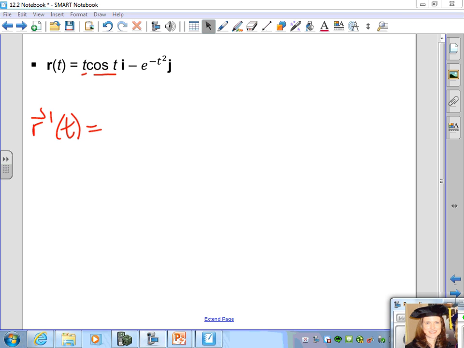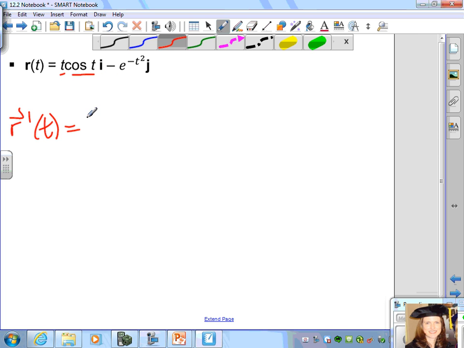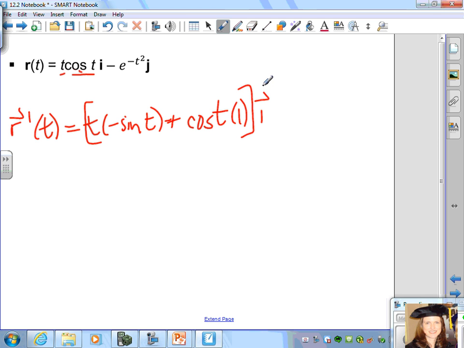Using the product rule, the derivative of t cosine t is the first, which is t, times the derivative of the second. The derivative of cosine t is negative sine t. First times the derivative of the second plus the second, which is cosine t, times the derivative of the first. And the derivative of t is 1. That's your i vector.